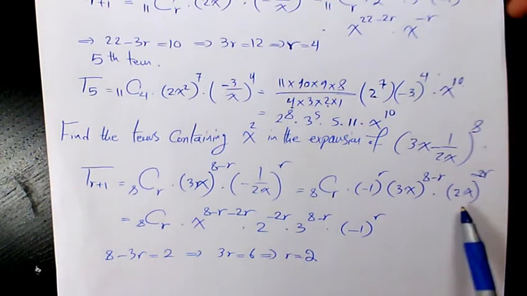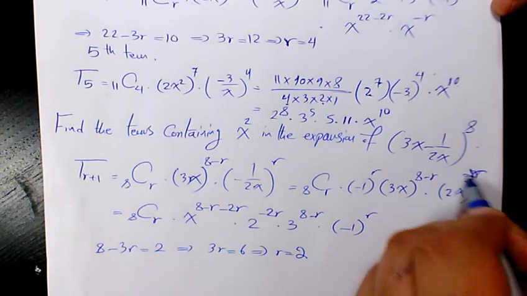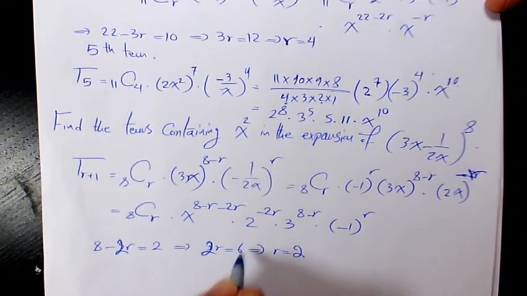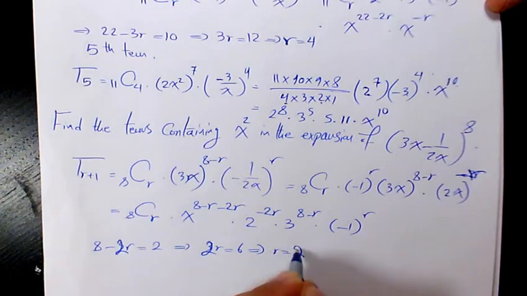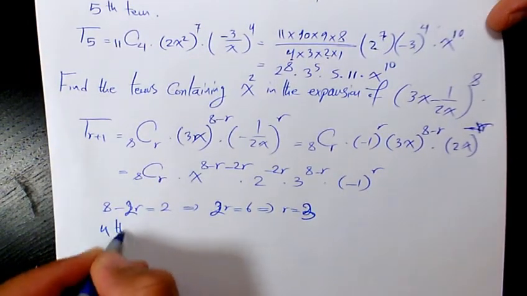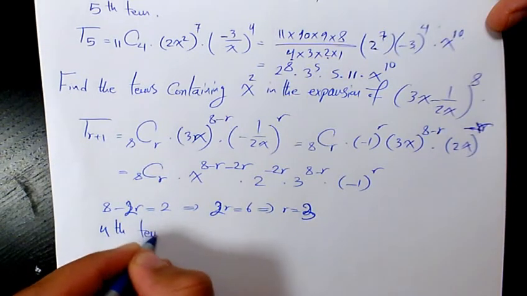Actually, there is no 2 here, that's just r. So that's going to be 2r, so 2r equals 6, so r is 3. It means that we are dealing with the fourth term.